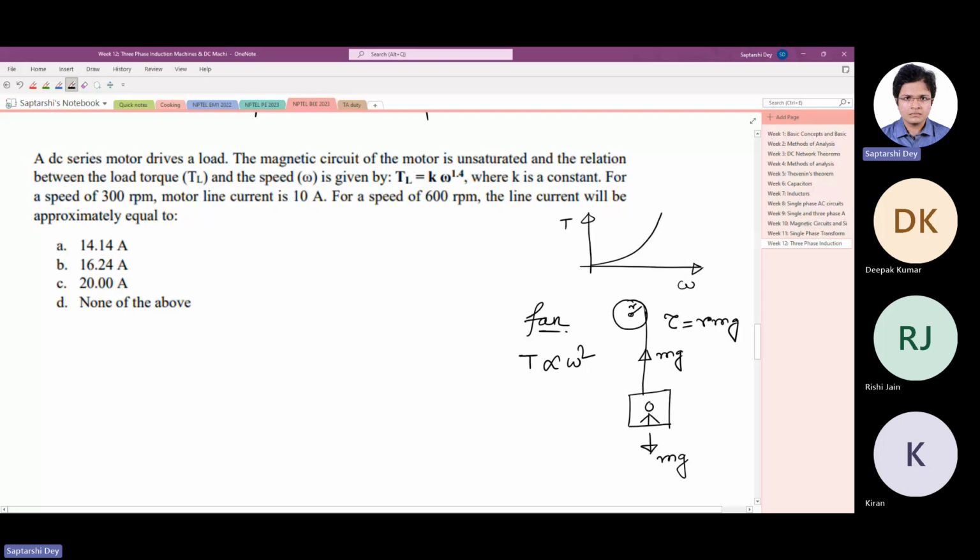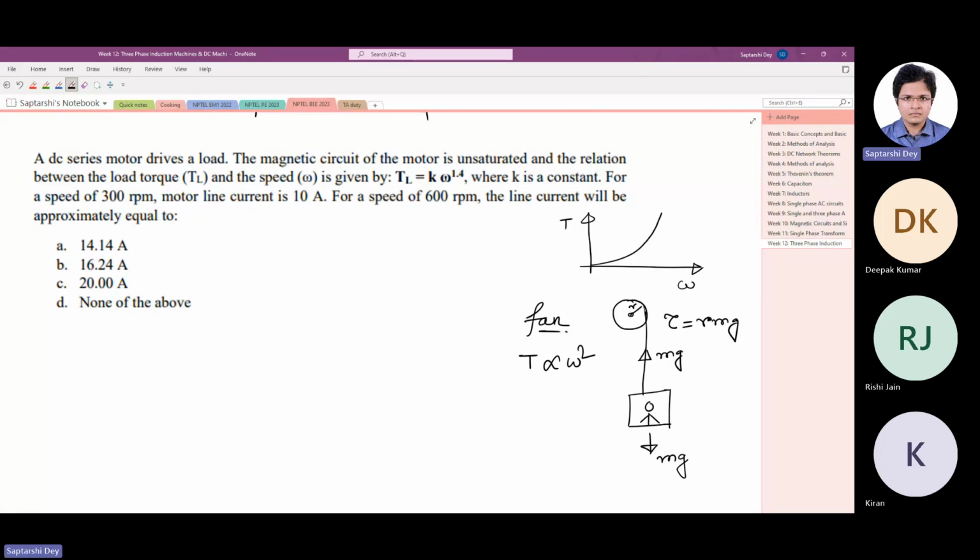If it is a viscous kind of load, the fan is a viscous type load. Same thing, say if you have a turbine of a ship, that is also basically a fan. The medium is different, but that is nothing but a fan. For that case also, torque is proportional to omega squared.